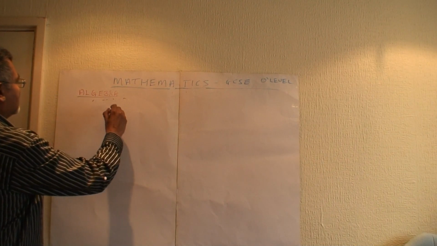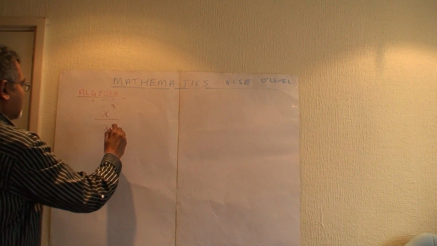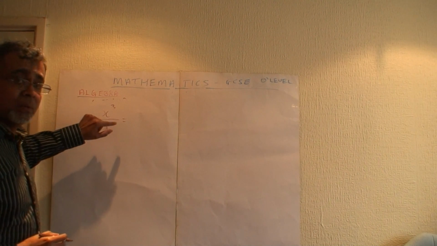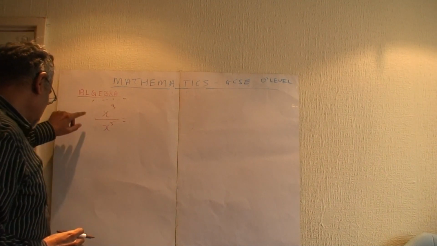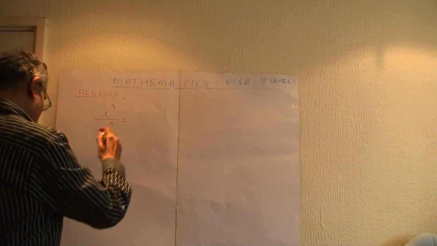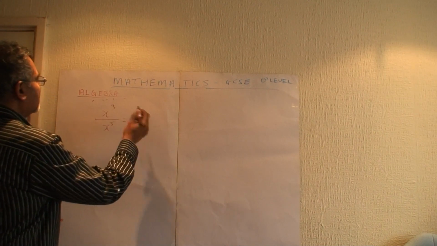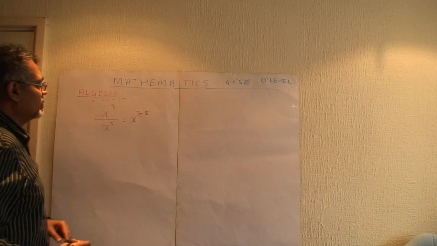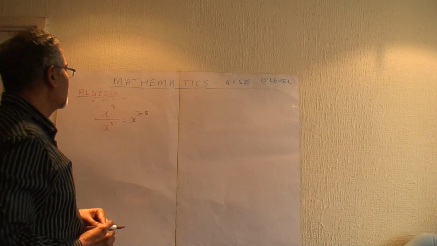We have x to the 3rd power divided by x to the 5th power. There's a larger power below than the one on top. It's the same thing, we still subtract, but it's 3 minus 5.